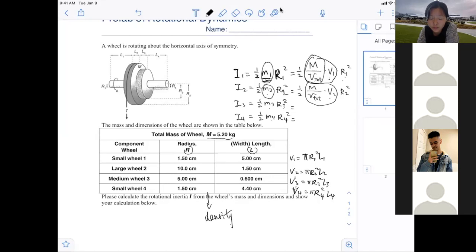Well, it wasn't way off. When I used the formula that you gave us, I got 2.2 kilograms per meter squared. And when I did it with just the density, I got 2.10 kilograms per meter squared.